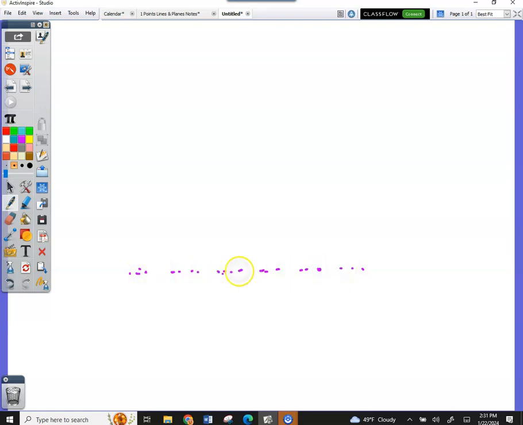If I draw every one of them, what do you notice is happening in my picture? Turning into a line. You see how all of a sudden it looks like just one smooth line?